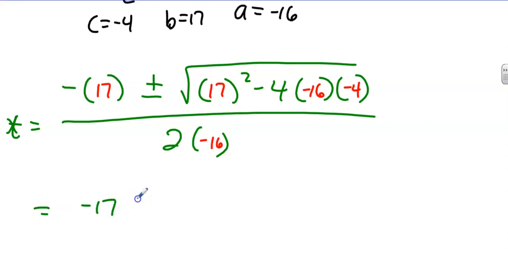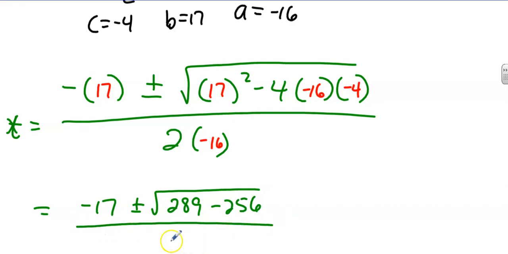That's -17 plus or minus the square root of 17 squared is 289. 16 times 16 is 256, over -32.